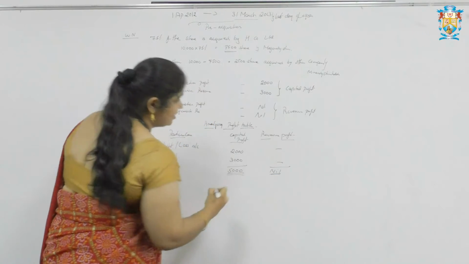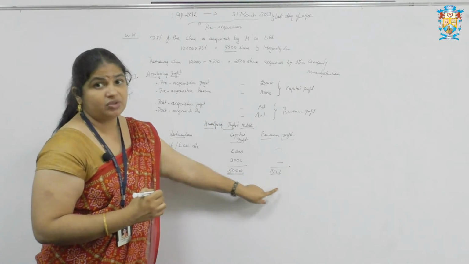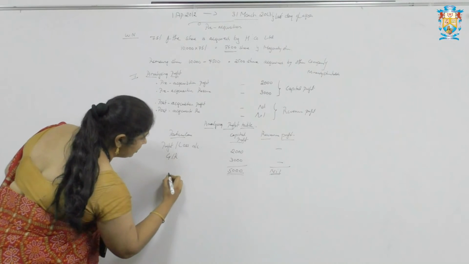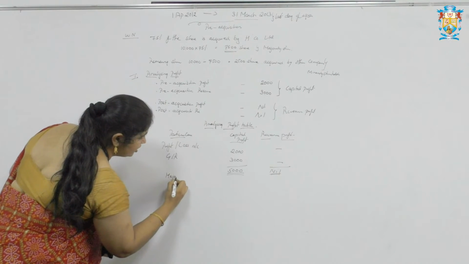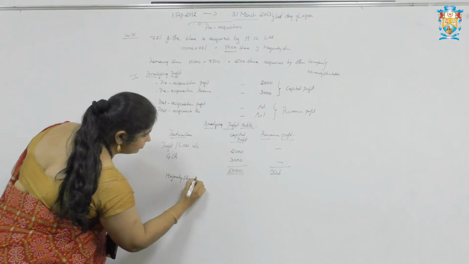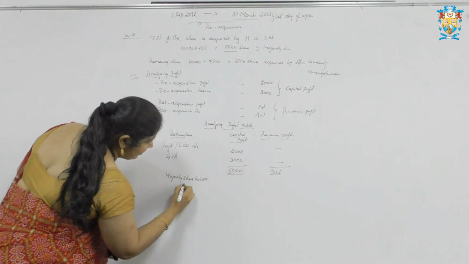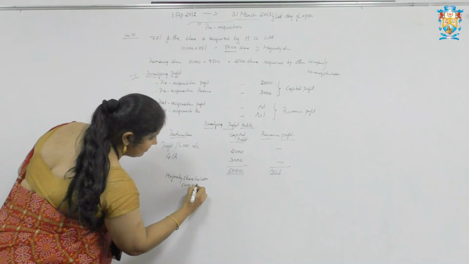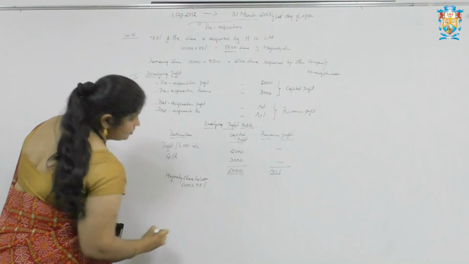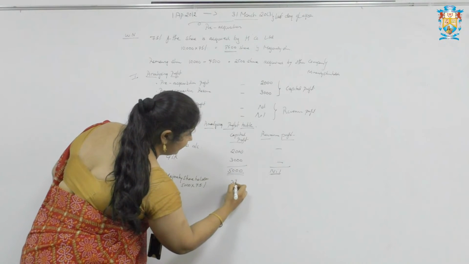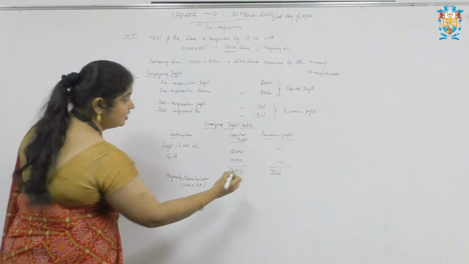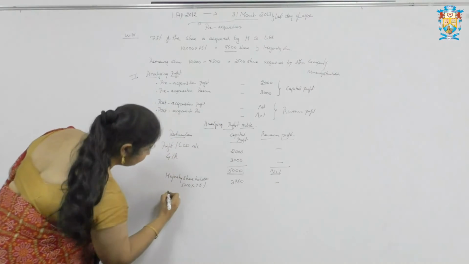Now distribute this capital profit and revenue profit to the majority shareholder and minority shareholder. Majority shareholder: 5,000, his portion is 75%, so that is 3,750. Same thing here, there is no money, so it is nil.